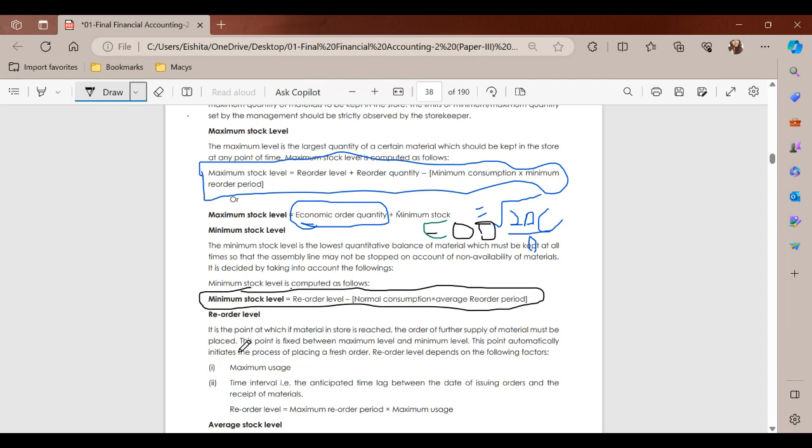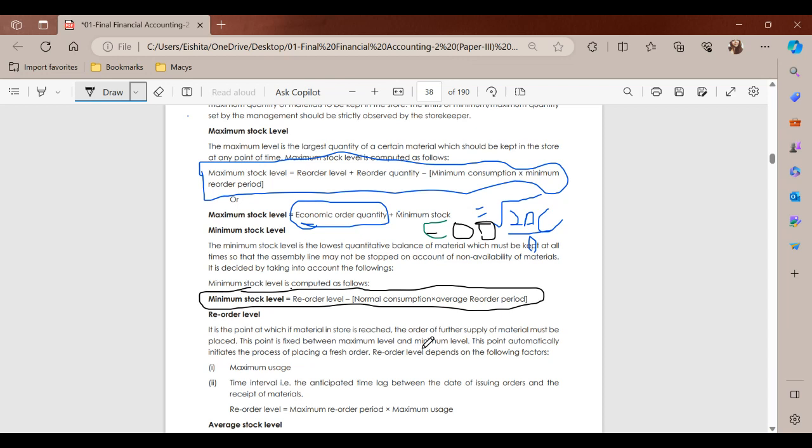So we have seen what is the maximum stock and we have seen what is the minimum stock. What is the reorder level? It is the point at which if the material in store is reached, you should reorder. The order of further supply of material must be placed.